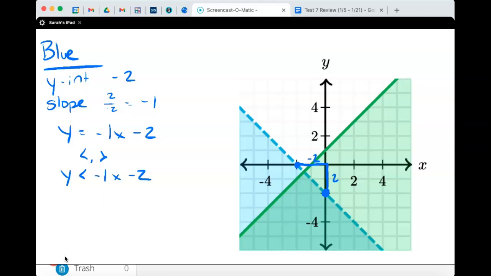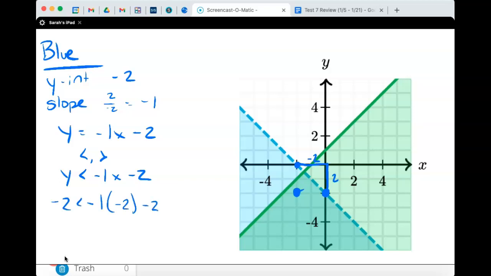To verify it for sure, I would plug in a point. Since we're shading below the blue line, I can pick any point in this blue region and plug it in to make sure it's actually true. What point do you want to plug in? There, right there. If I plug in -2, I have -2 less than -1 times -2 minus 2.